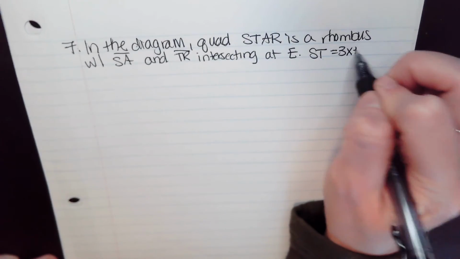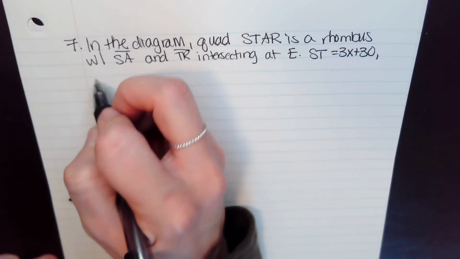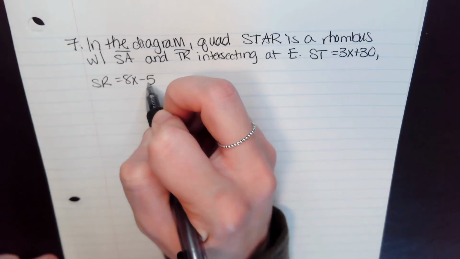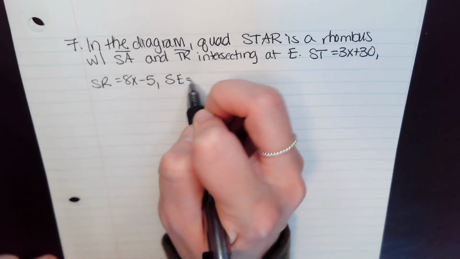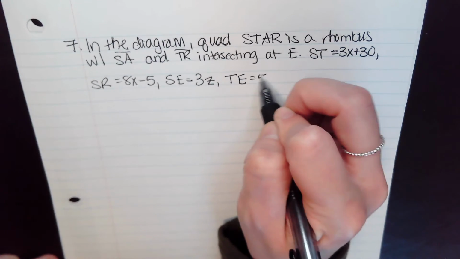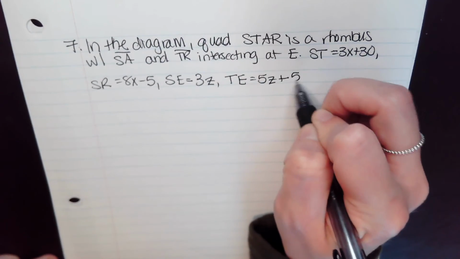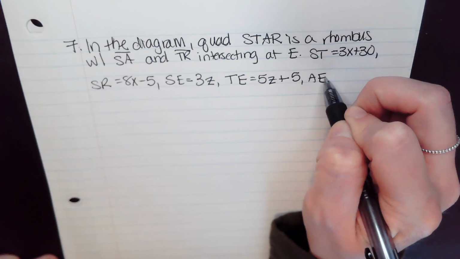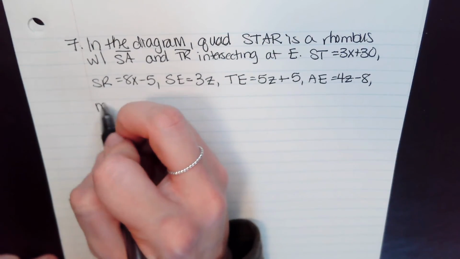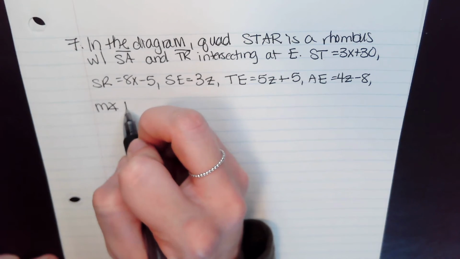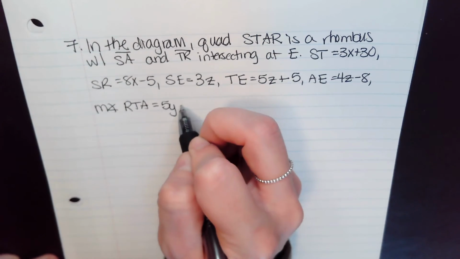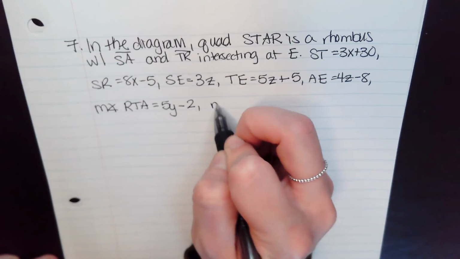ST is 3x plus 30. By the way, this is a regions question. SR is 8x minus 5. SE is 3z. TE is 5z plus 5. AE is 4z minus 8. And the measure of angle RTA is 5y minus 2.